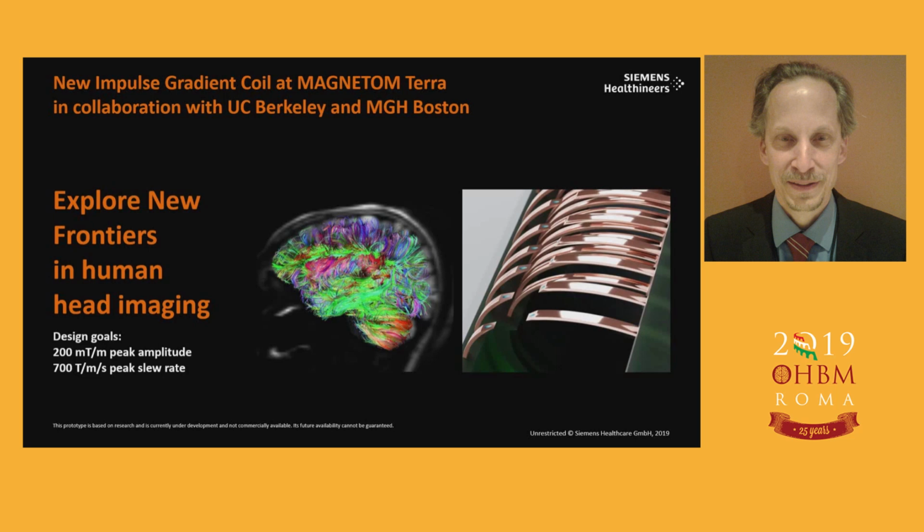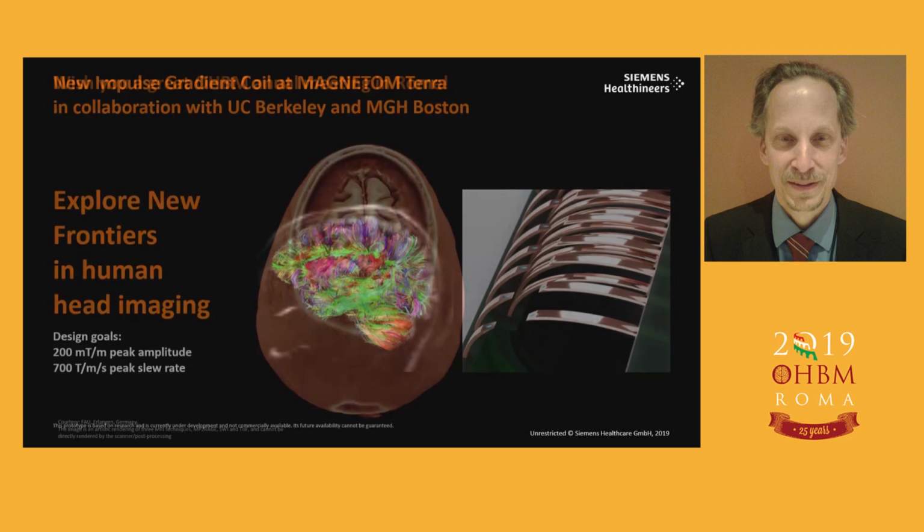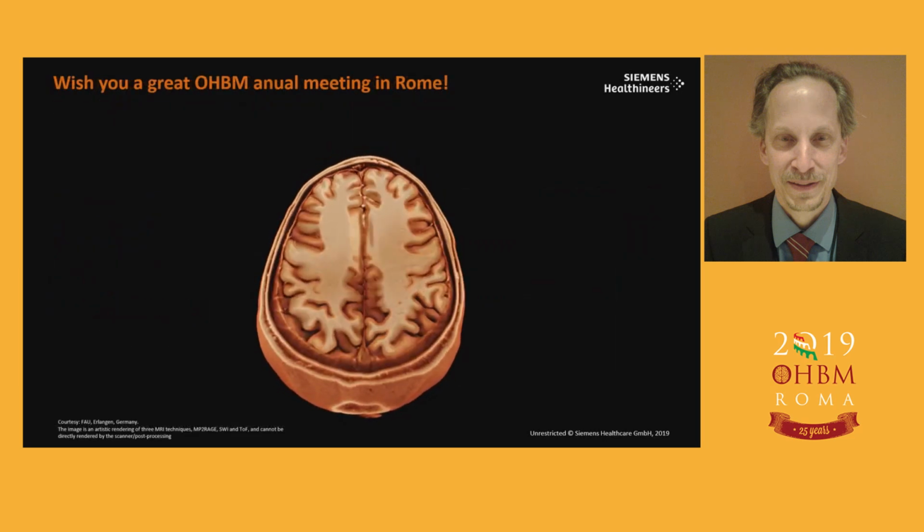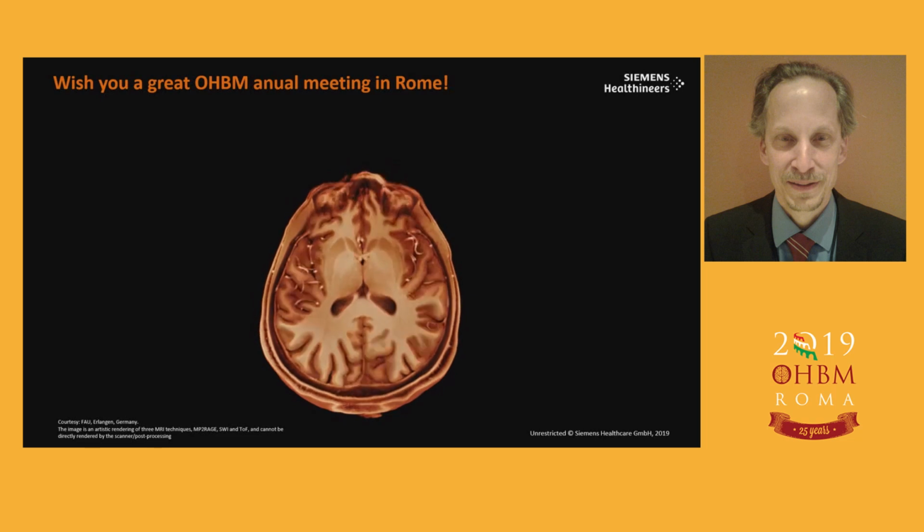And we listen to our collaboration partners, and this is why we are now going for a collaboration project with the University in Berkeley and the MGH in Boston to develop a new gradient coil, which should then be able to have 200 millitesla per meter maximum peak amplitude with a slew rate of 700 Tesla per meter per second on each axis simultaneously. And we expect this to give a big boost actually in the neuro research arena.